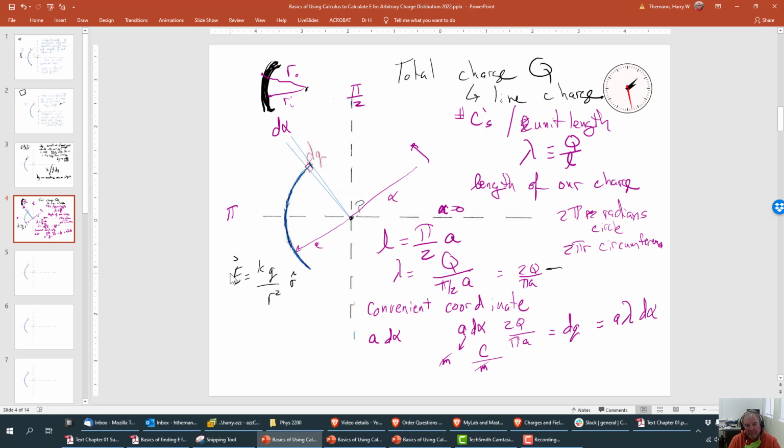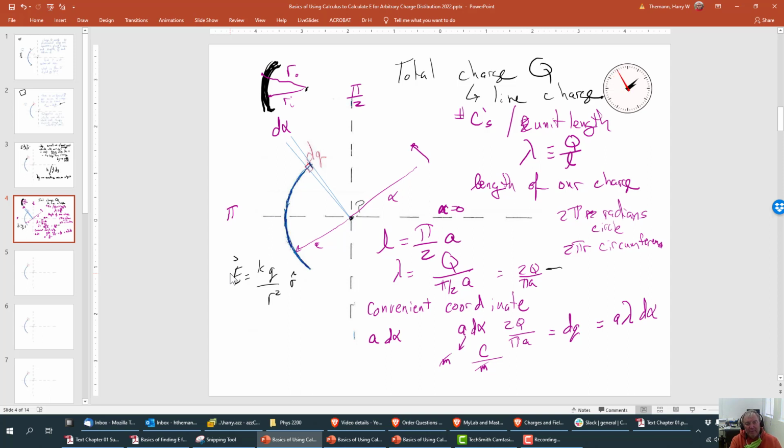In fact, a times d alpha is also in meters if I express d alpha in radians. Okay. And so that's going to be dq, the little bit of charge that we have. And so we can just rewrite it using lambda, a lambda d alpha. Just makes it a little easier, shorthand.